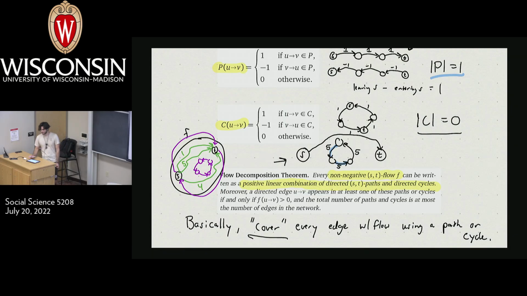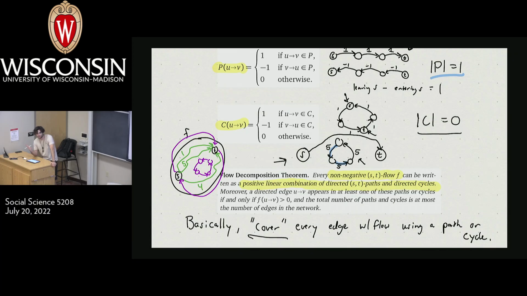How does the cycle have a 0 value? I don't understand. The value of a flow is equal to the amount leaving S. So in this case, it's trivial because it doesn't even touch S. So it has no way to affect the value. But let's say it did include S. So for this example, the amount of flow leaving S is 1, and the amount of flow entering S is 1.